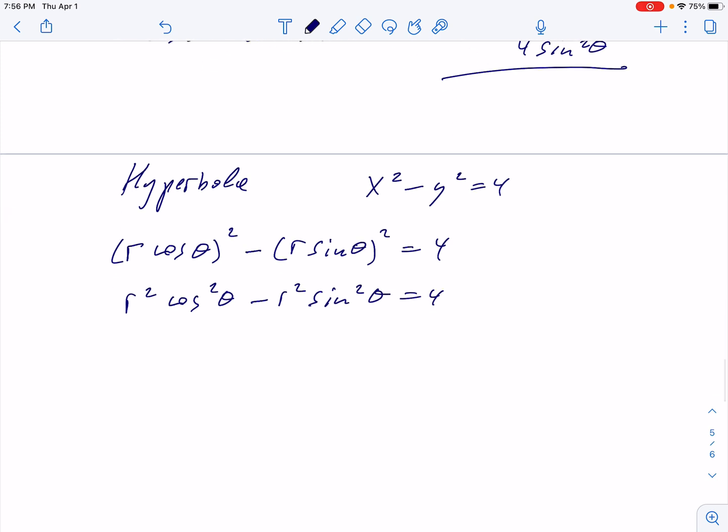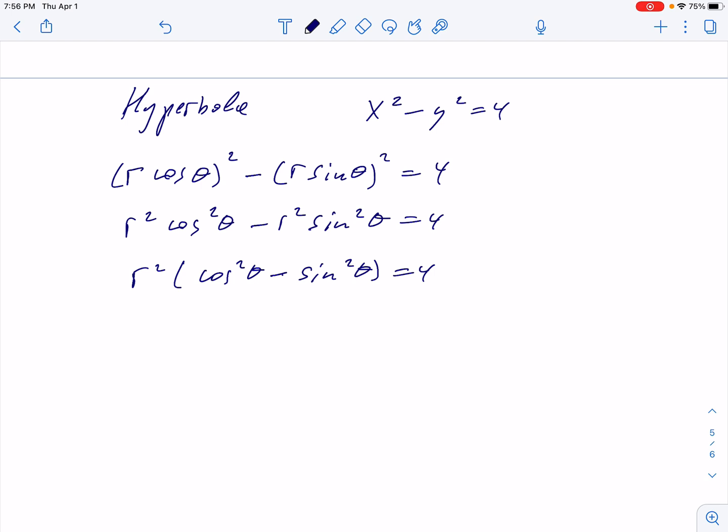We can factor r squared, and here we get r squared times (cosine squared theta minus sine squared theta) equals 4. Cosine squared minus sine squared, that's not the one, but there is another formula. Actually, you can write this as 2 times cosine squared theta minus 1.